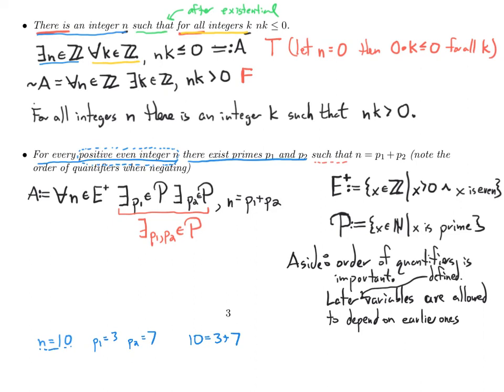Try and negate this. Again, think about our rules for negation and give it a go. All right, now that we're back, let's go ahead and do this. So, the negation of A, well, we're going to flip our quantifier.